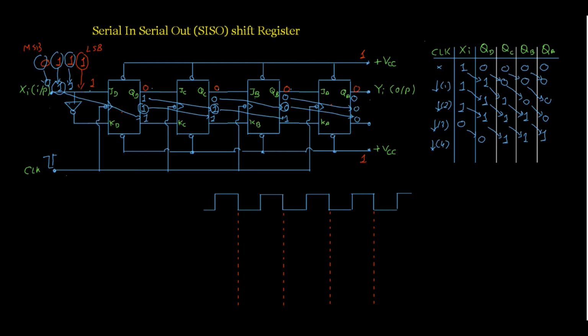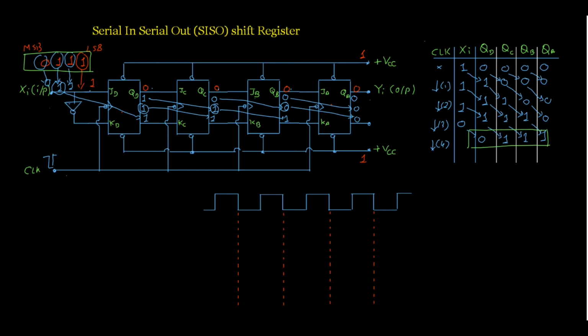So remember, my data inputs are 0, 1, 1, 1, and after the fourth clock pulse, here also you can see that 0, 1, 1, 1 is in the shift register. So after the fourth clock pulse, all the data are stored by this shift register.